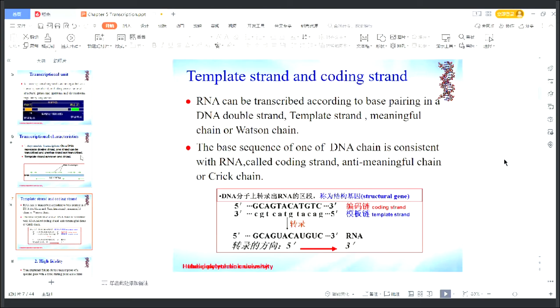This is the template strand, and the other is the coding strand. Here, students pay attention: don't confuse these two definitions, the coding strand and the template strand.